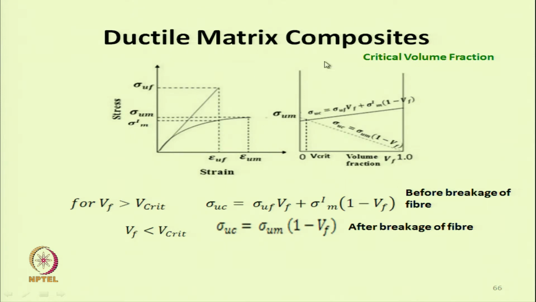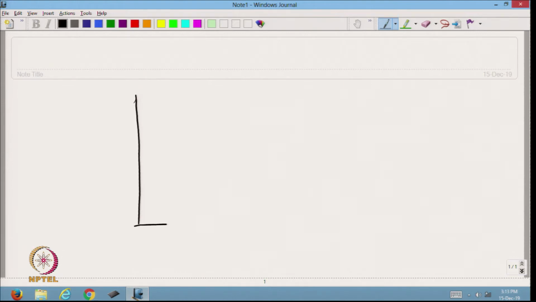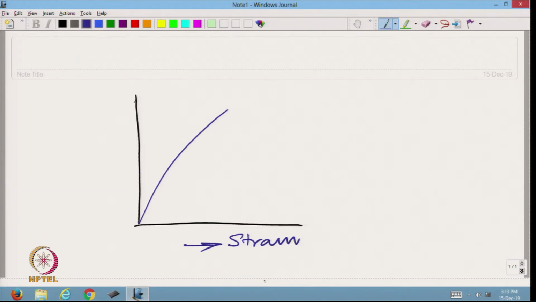Now, for ductile material, if we see as per this picture, this is the stress strain curve of fiber, which is the reinforcing material, and here is the matrix.